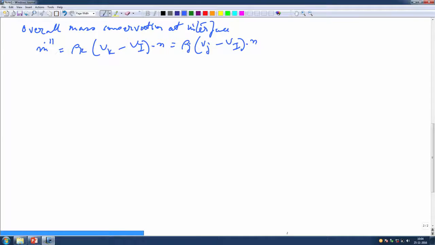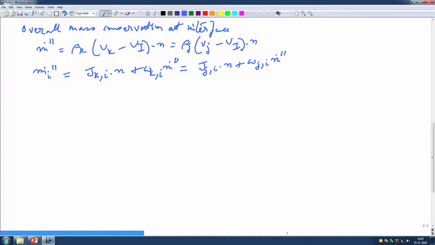Based on this, your m dot I double prime can now be written as j k I dot n, this is the diffusion term, plus omega k I m dot double prime, equal to j j I dot n plus omega j I m dot double prime.